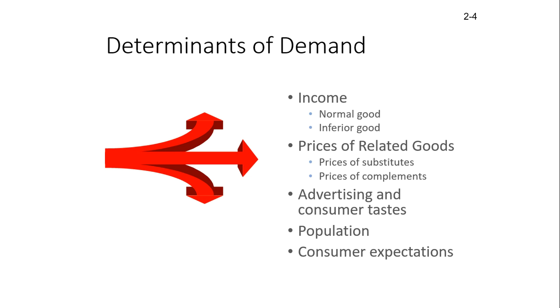An increase in the price of good X, given a situation that good X has got a perfect substitute, and then you increase the price of good X, that will have a negative impact on the demand of good X, but it will have a positive impact on the demand of its substitute. Why?